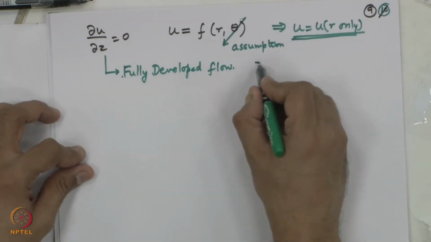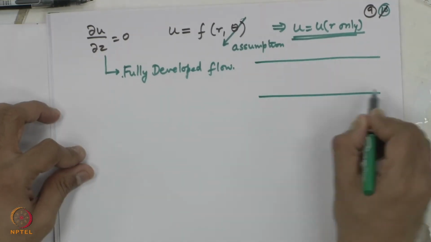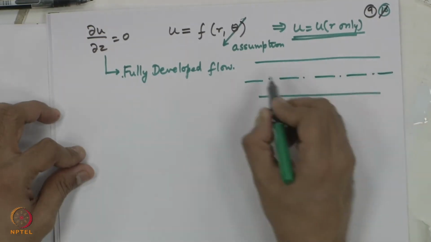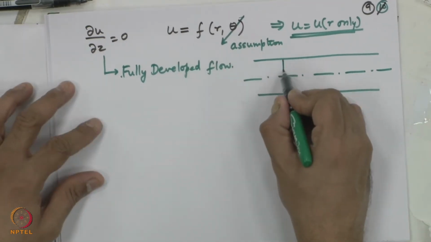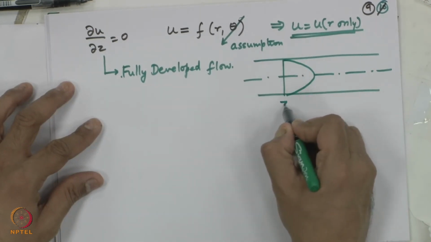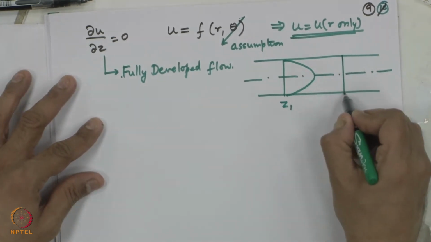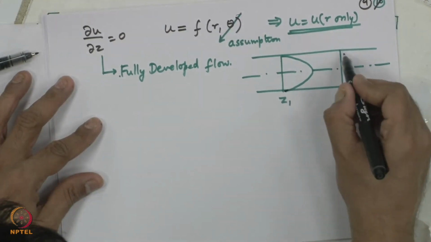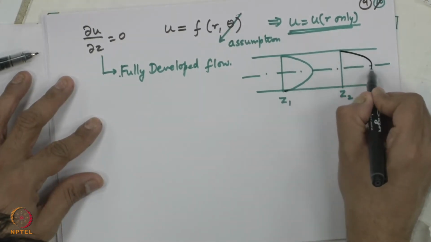In fluid mechanics, we have seen this term, fully developed flow. Mathematically I think all students would be able to tell us the condition for fully developed flow, but physically what it means is that if I have a profile at z1 and I want to check the velocity profile at z2, it is exactly the same.